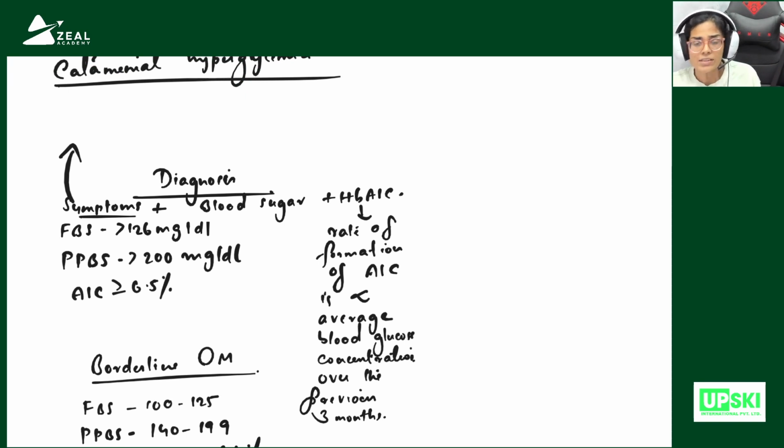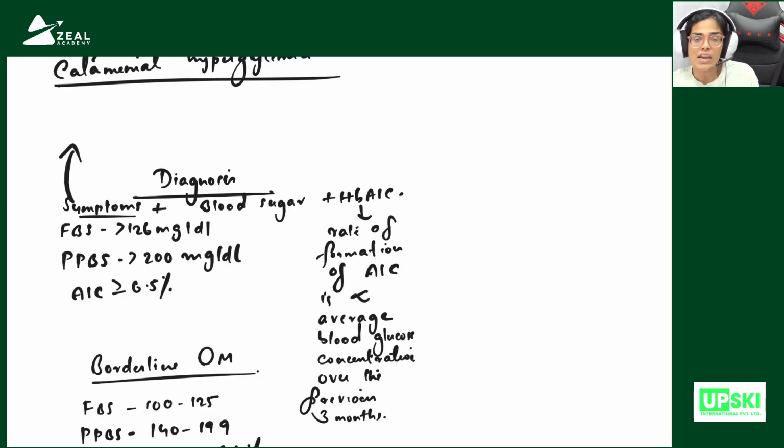Now, the blood sugar levels, you need to know the values of normal blood sugar, and the HbA1c. So HbA1c is the rate of formation of glycosylated hemoglobin. It's actually proportional to the amount of blood glucose you have. So when you check the HbA1c, you get how much hemoglobin is bound to glucose.